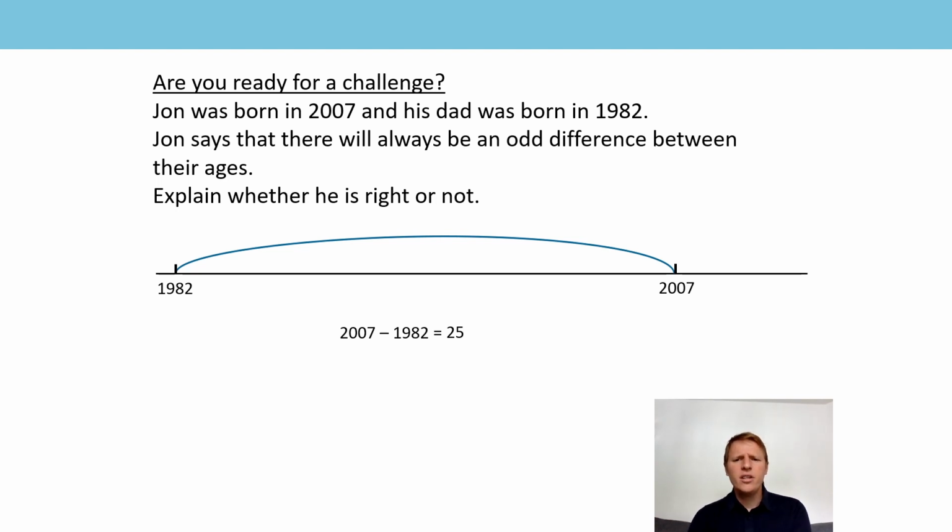Is 25 an odd number or an even number? It's an odd number, isn't it? So certainly at this point in the year, when they were born, they had a difference of 25 years. So John's dad must have been 25 years old when he had John. Now let's think, one whole year later, how would this change?